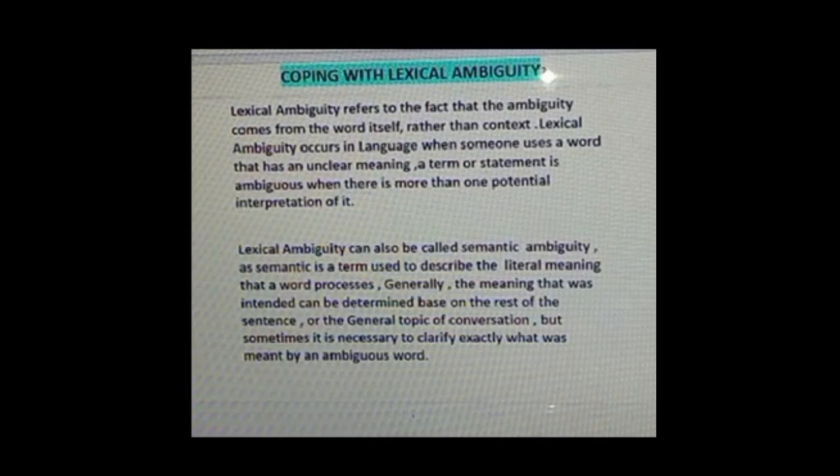Semantic is a term used to describe the literal meaning that a word possesses. Generally, the meaning that was intended can be determined based on the rest of the sentence or the general topic of conversation. But sometimes, it is necessary to clarify exactly what was meant by an ambiguous word.